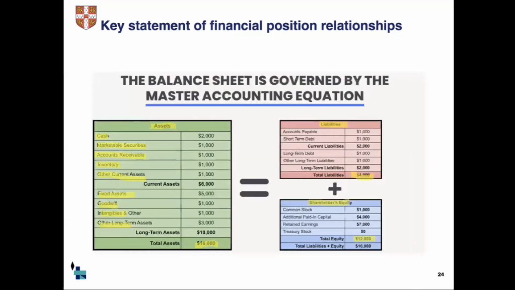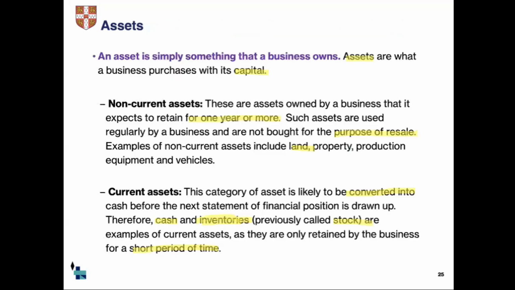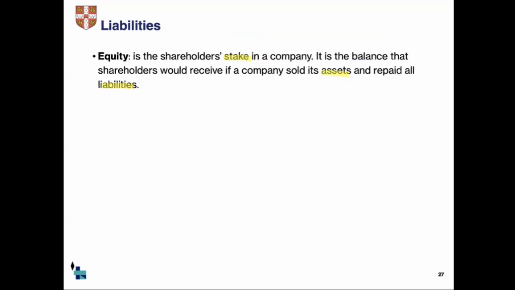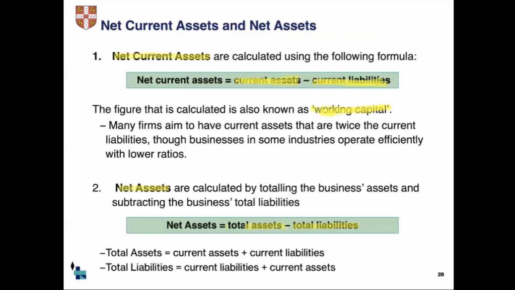And we looked at a more detailed example, and we've also looked at various types of assets, the various types of liabilities, and then we've looked at what equity is. Equity is also a type of liability, and we've looked at, very importantly, working capital, which is net current assets, which is different from net assets.